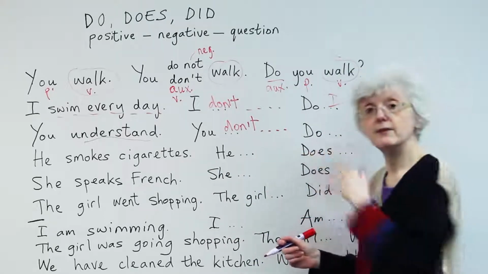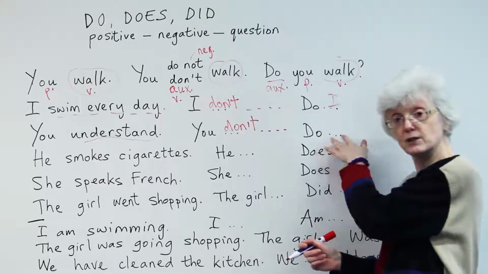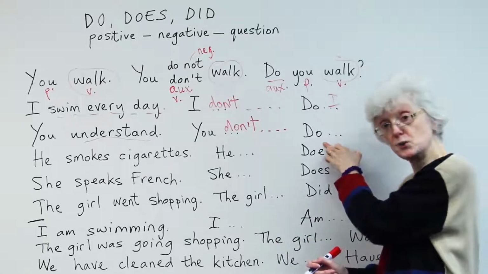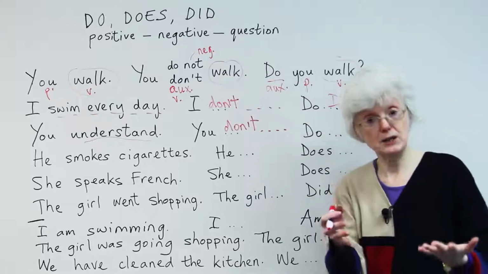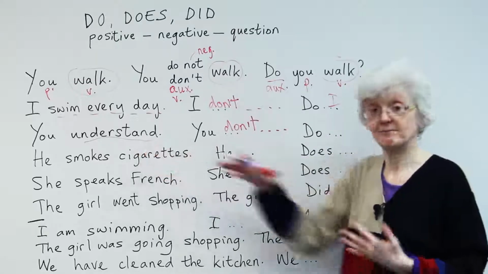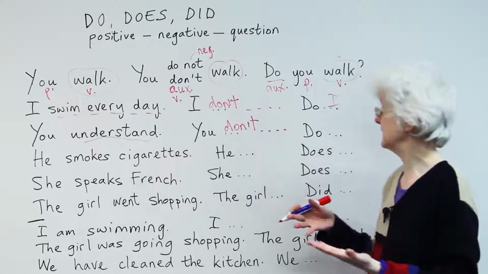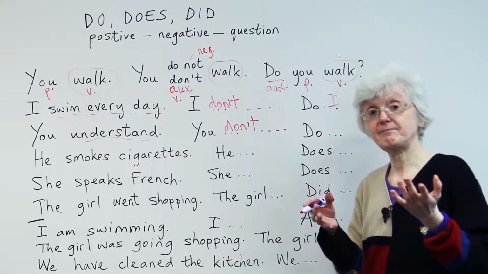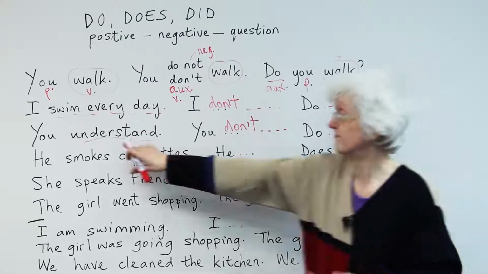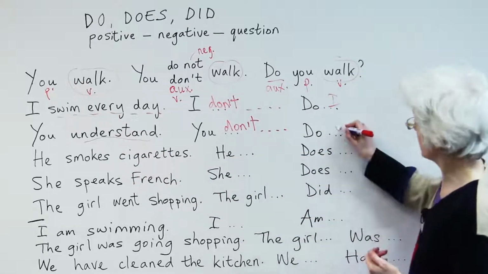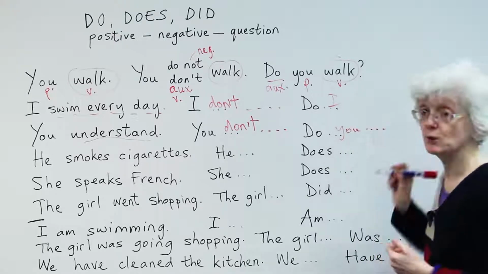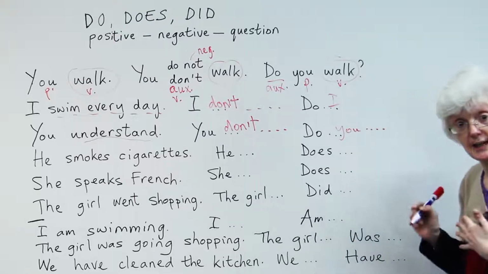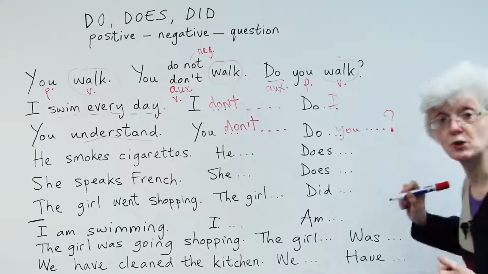Right? And then the question version, I've already started it with do. So if I'm asking you, yes or no, do you understand? Okay, so do you understand? And the question mark, of course, at the end.